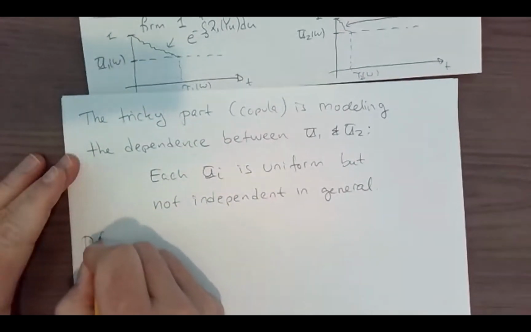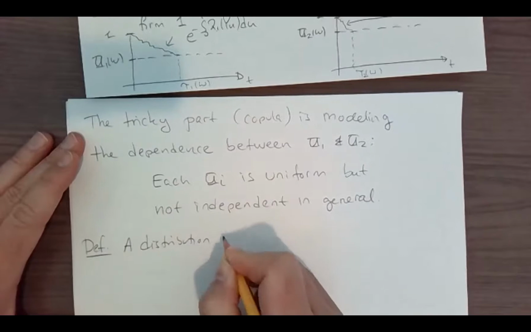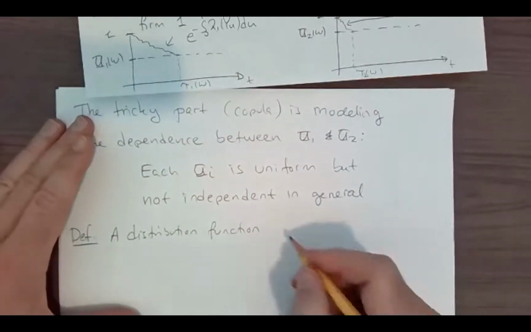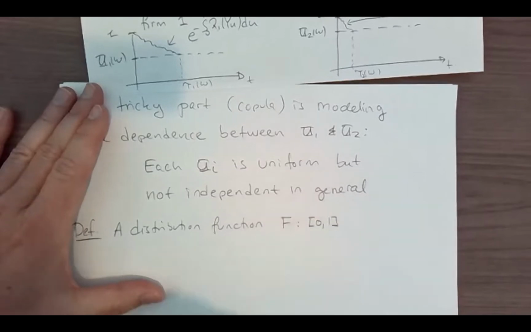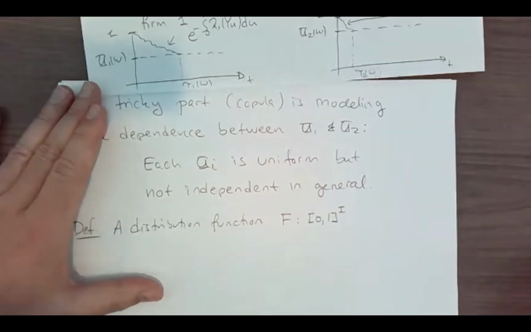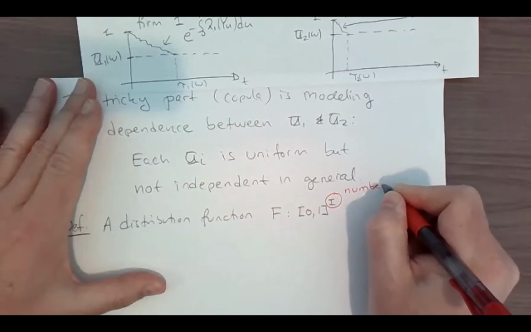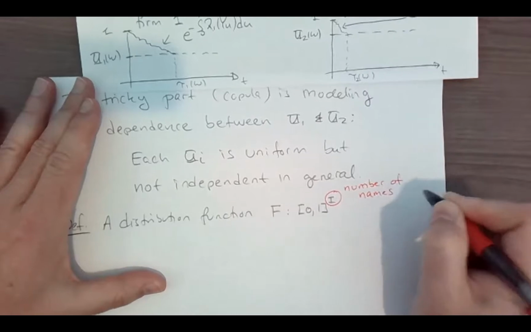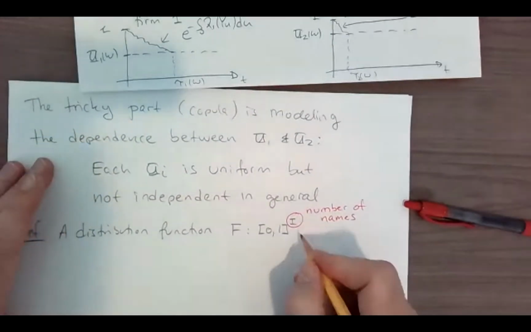So the definition of a copula: a function, a distribution function, say F, goes from [0,1]^I, where I is the number of names, and takes positive values.